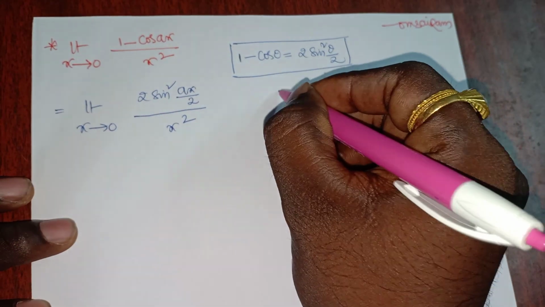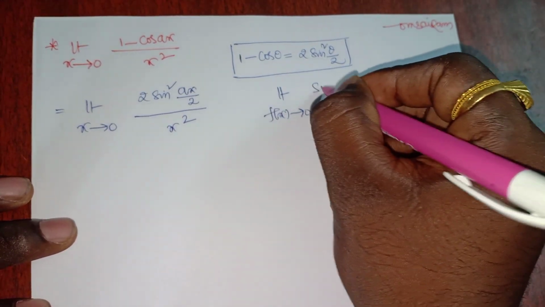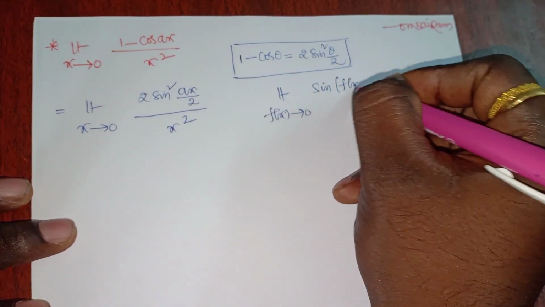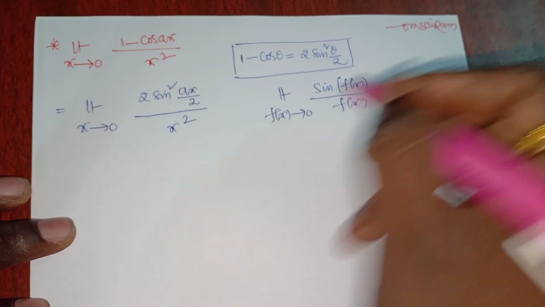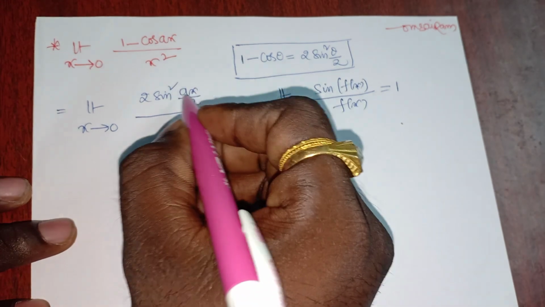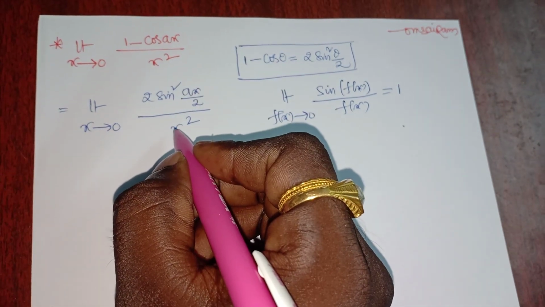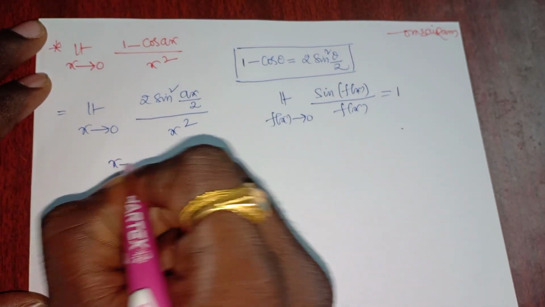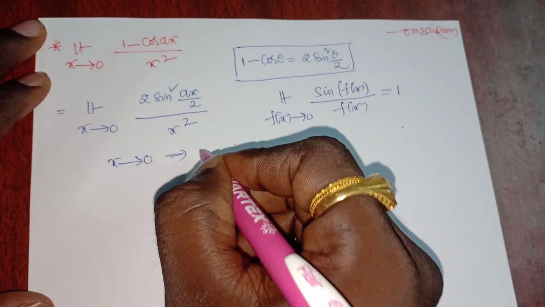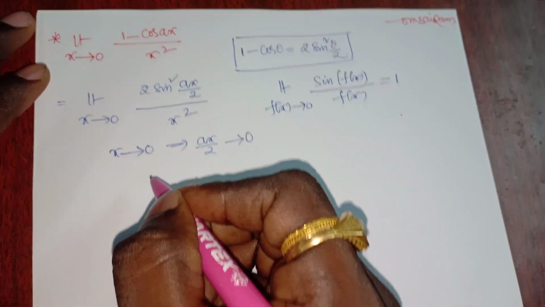Now it is in the form of limit f of x tends to 0, sin of f of x by f of x is equal to 1. Now here we have ax by 2, but here it is x only. As x approaches 0, ax by 2 also approaches 0.